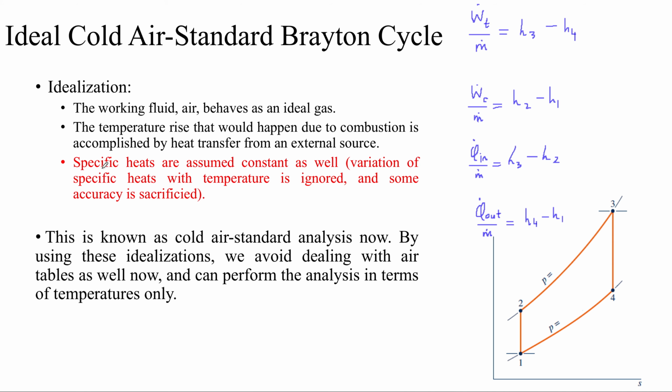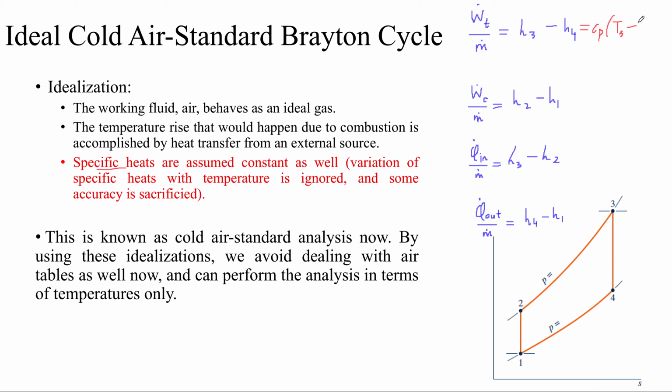So now, because we've assumed that the specific heats are constant, enthalpies can be written in terms of delta H, because delta H is equal to Cp into delta T. So I could just write this in terms of Cp for the air, which is being treated as an ideal gas, multiplied by T3 minus T4, right?